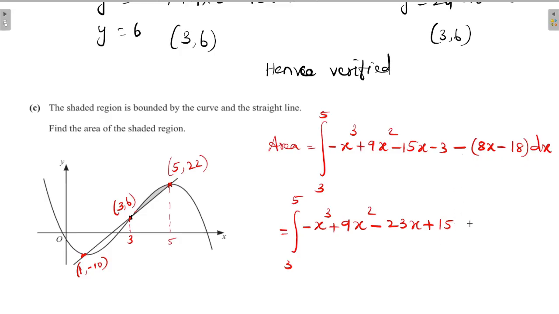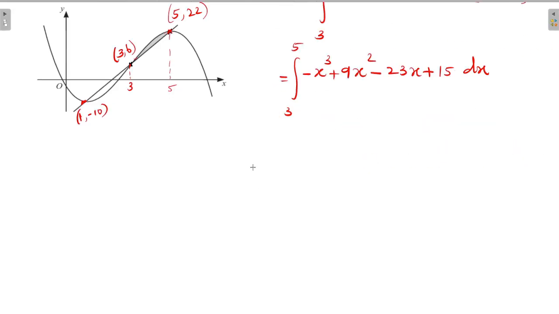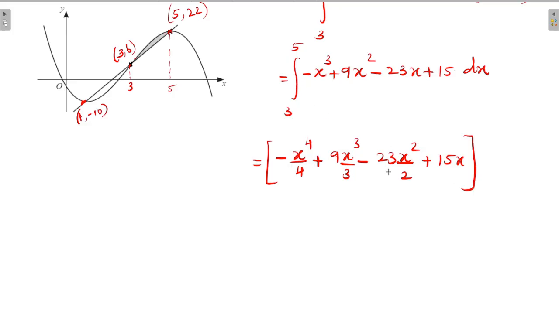dx. Now we can integrate, which gives −x to the power 4 over 4 plus 9 times x cubed over 3 minus 23x squared over 2 plus 15x. There is no extra constant because the integration is within the limits 3 to 5. We substitute the limits, upper limit minus lower limit.